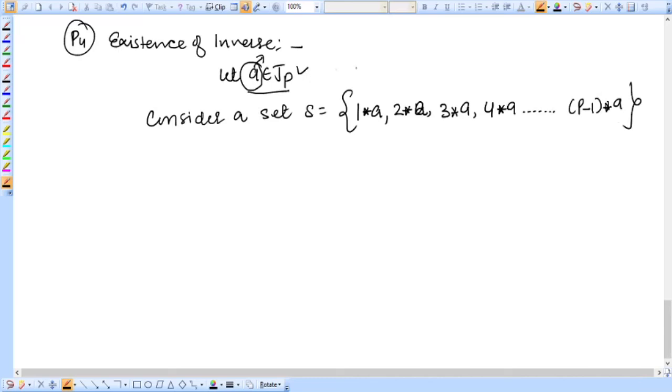What is this star? This star is operation multiplication modulo p. Okay, this star represents multiplication modulo p, because I'm just leaving this sign for convenience, right? Now you see, since we saw in the first property that Jp is closed, this implies 1 is the element of Jp and a is also element of Jp.